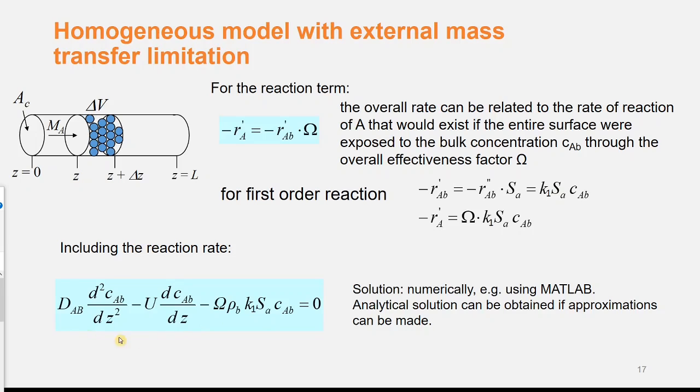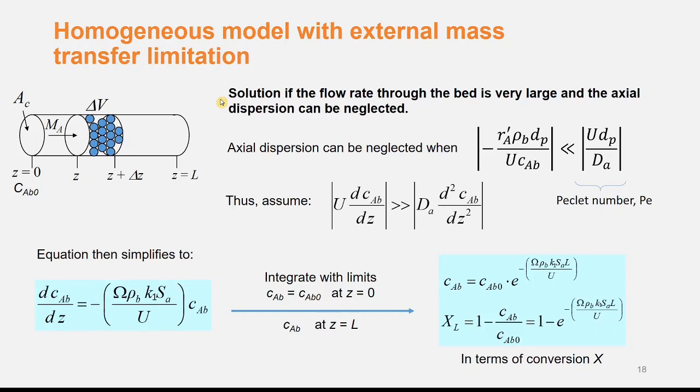This equation is difficult to solve analytically, so typically you would use something like MATLAB to solve it numerically. It can, however, be solved analytically if you make some approximations. One approximation that can be applied is to neglect the axial dispersion term.